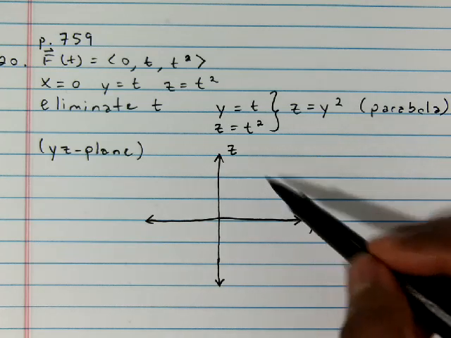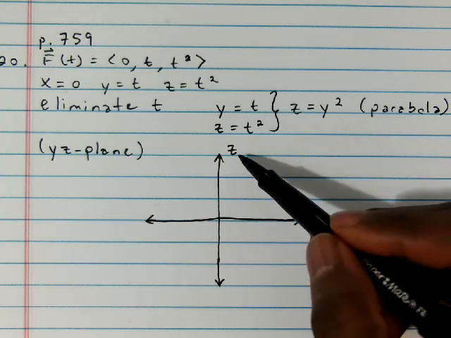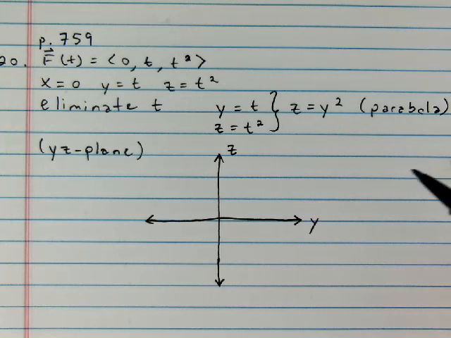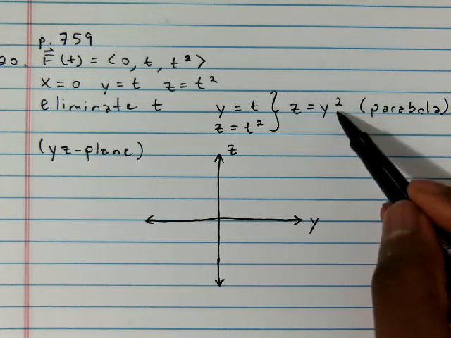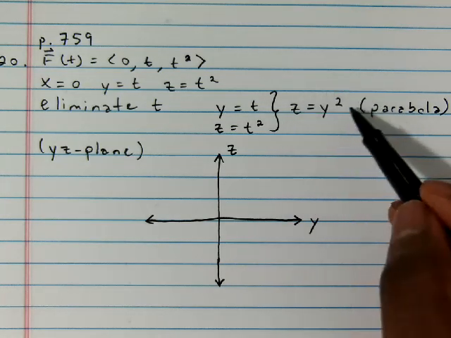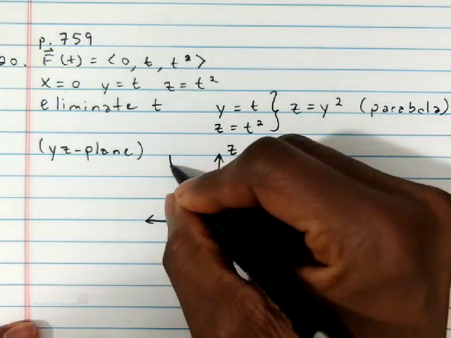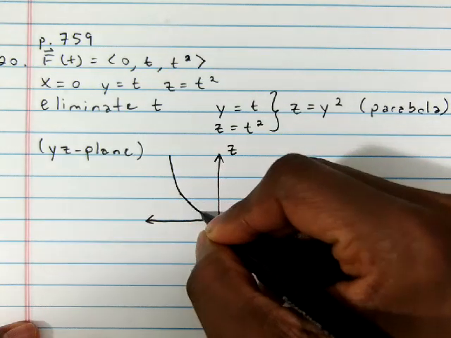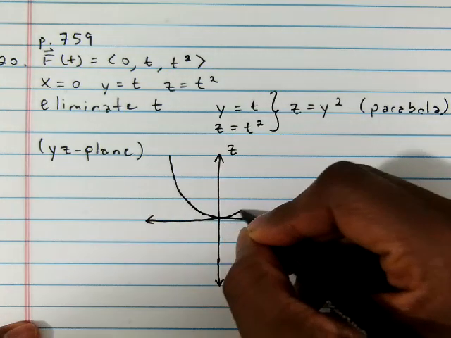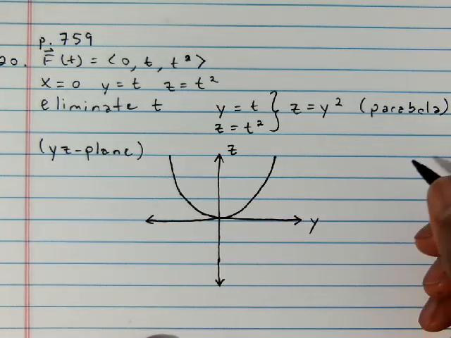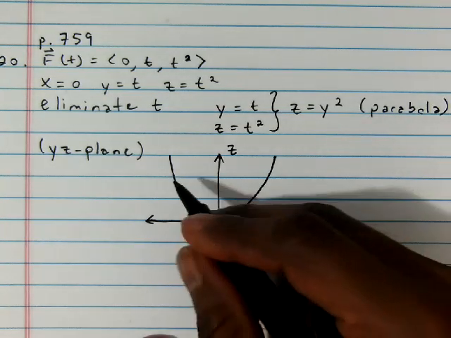But now we're in the zy plane, so the convention would be z equals something as our function. This is in its usual form, which says this parabola is going to open up. Now, you could instead just plug in points and figure it out versus using your knowledge of parabolas, and we still are going to have to plug in points anyway to figure out our direction of travel here.